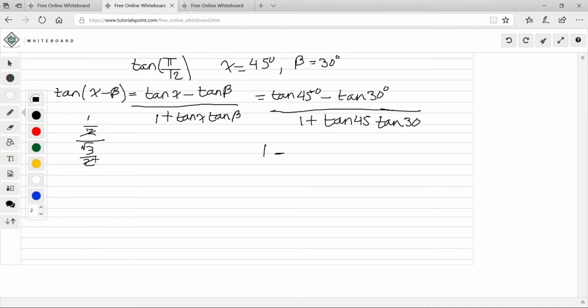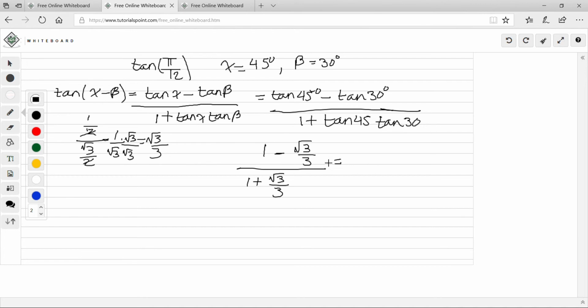The 2 cancels, so that's 1 over root 3, times root 3 over root 3, so that's just root 3 over 3. So 1 minus root 3 over 3, divided by 1 plus tangent 45, which is 1, times tangent of 30, which is root 3 over 3.